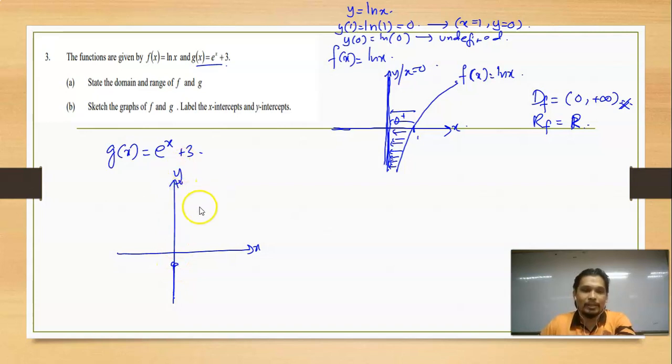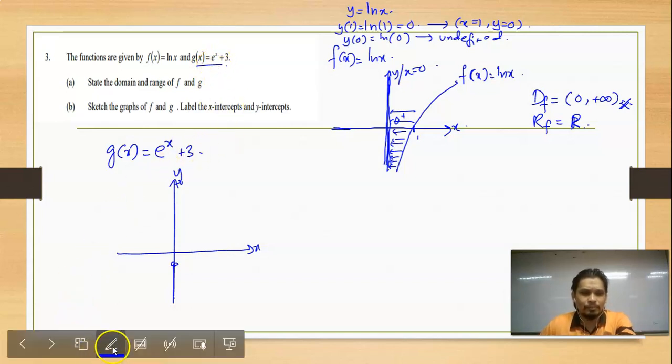Let's take a look at the function g. Let's just imagine that the function is g(x) equal to e to the power of x first.